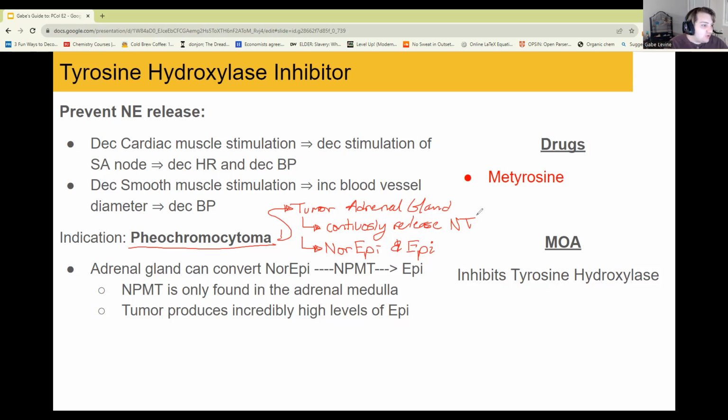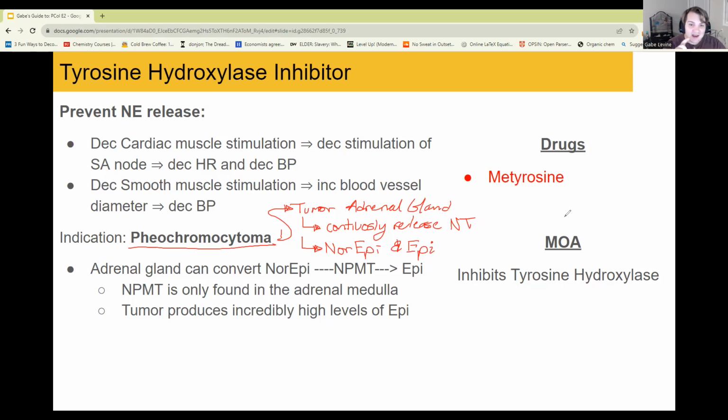So someone with pheochromocytoma is going to have major sympathetic tone. So their heart is always going to be racing. Their blood pressure is going to be super, super, super high, right? They're going to feel like they are under attack all the time. And so what giving tyrosine does is that we are preventing all of the precursor from being made, right?